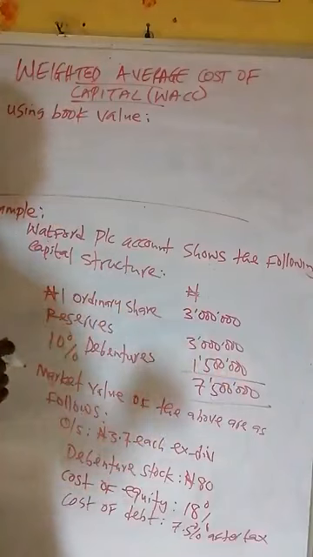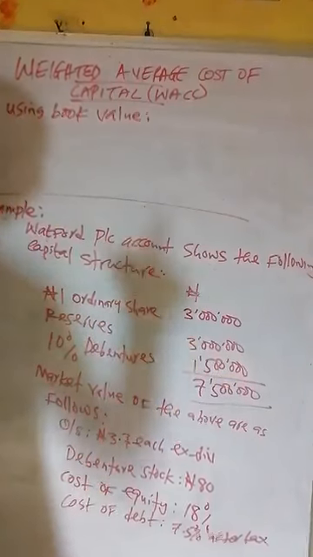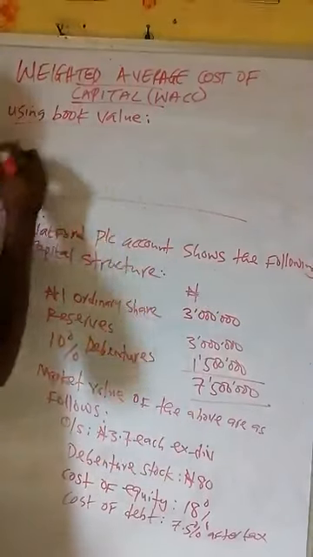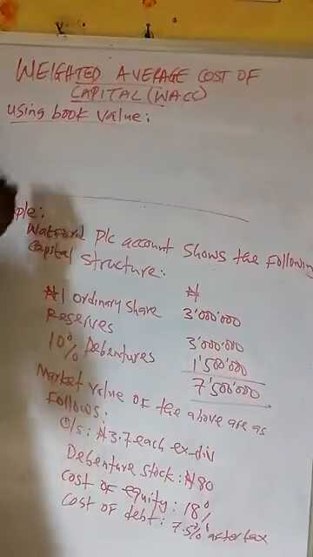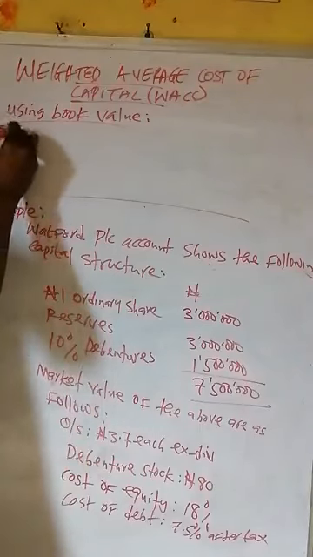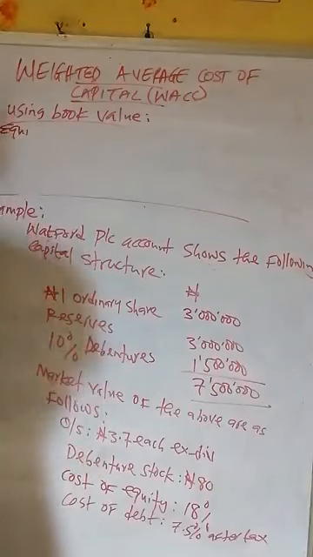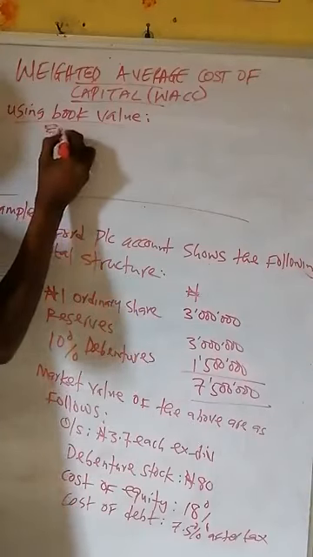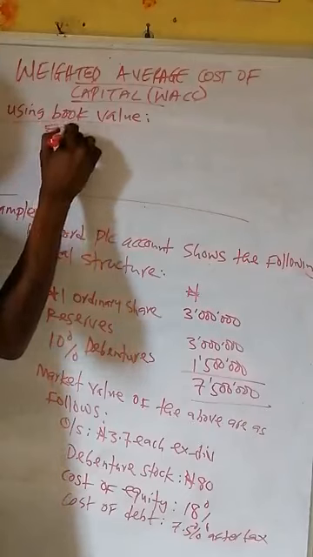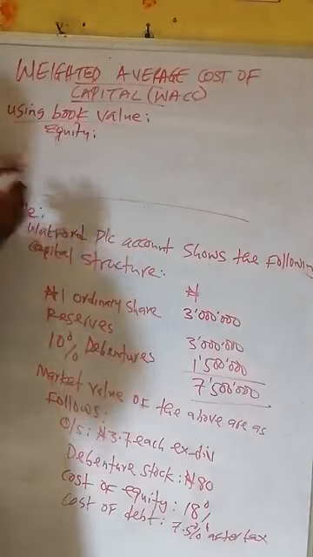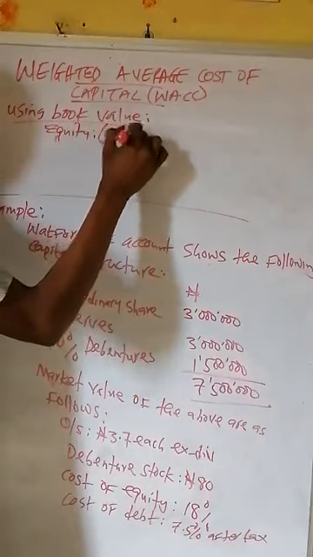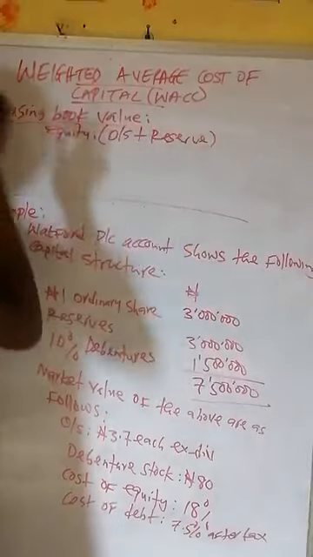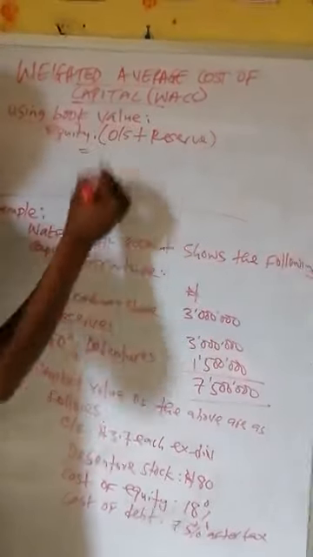So using book value, let's compute the value of equity. The value of equity is ordinary shares plus reserve.